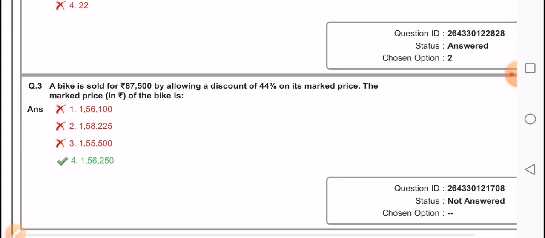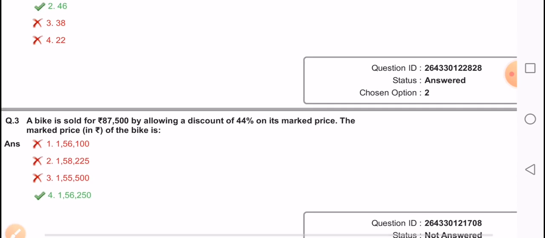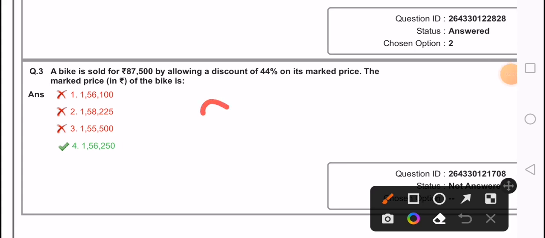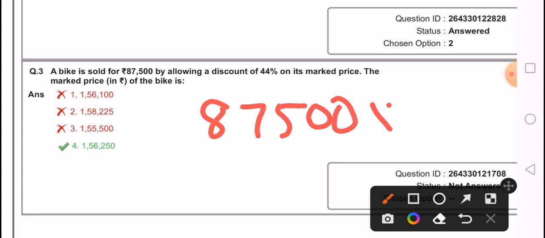Now the next question is, a bike is sold for 87,500 by allowing a discount of 44% on MP. So it is sold on 87,500 into 54 by 100, which cancels. So 75 into 54.